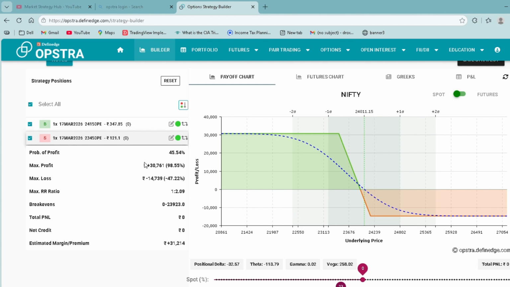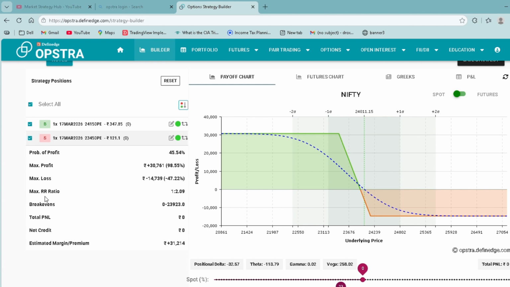Now this creates a bear put spread. Right now the probability of profit is 45.54%. Max profit is 30,761, that is 98.55%. Max loss comes to 14,739, that is 47.22%.